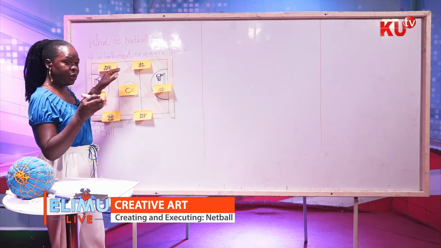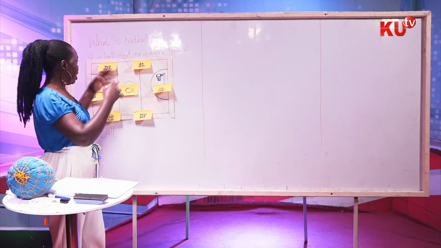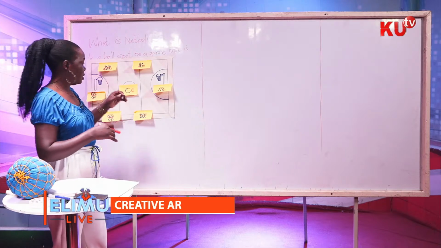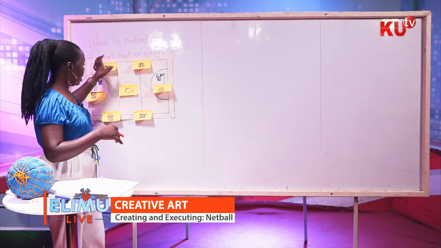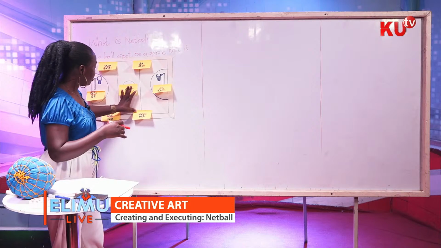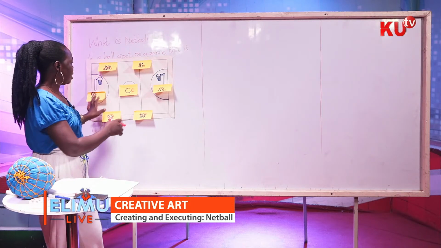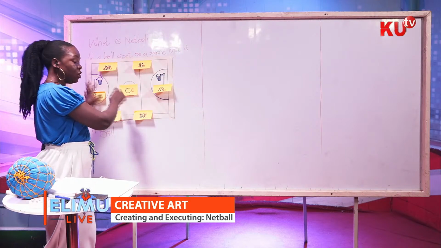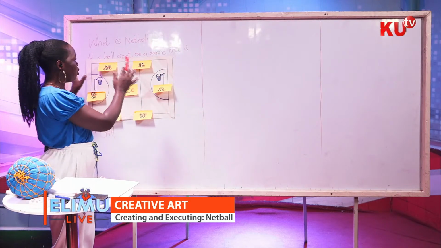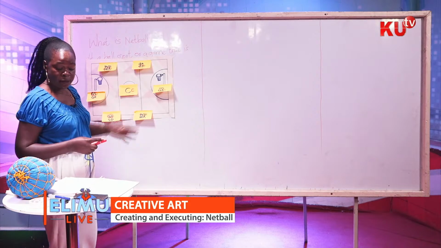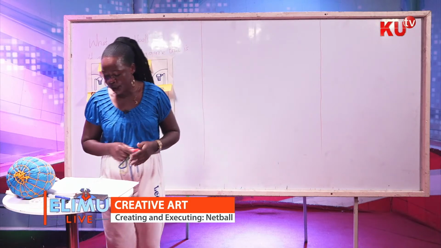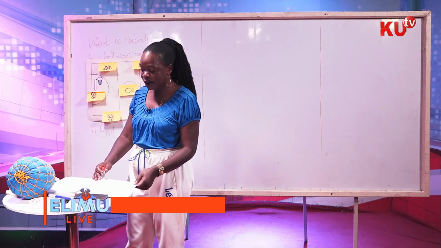So that one will want to receive the ball and the other one will defend their opponent from receiving the ball. So once we have the netball court and we have these participants, if we count them, there are a total of 14 participants, then we are ready to play netball. Are we together, boys and girls?